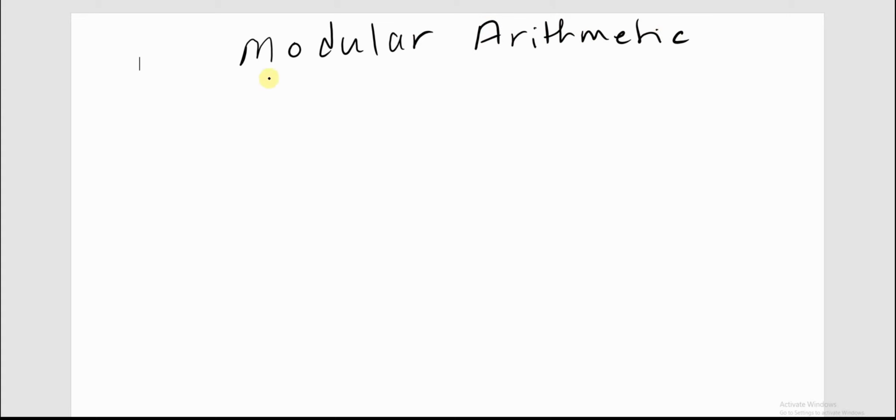So we're going to talk about modular arithmetic. Now the concept of modular arithmetic is based on a finite set of numbers, of integers actually.